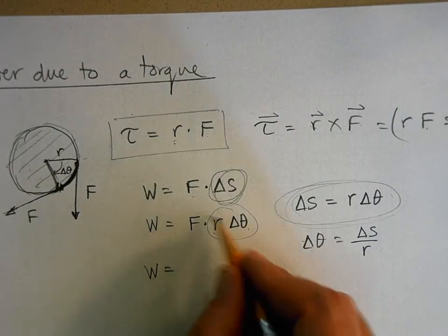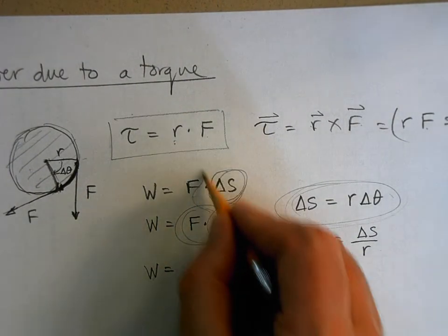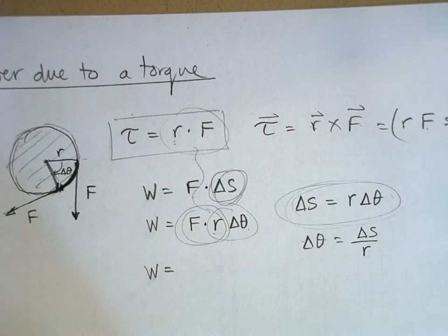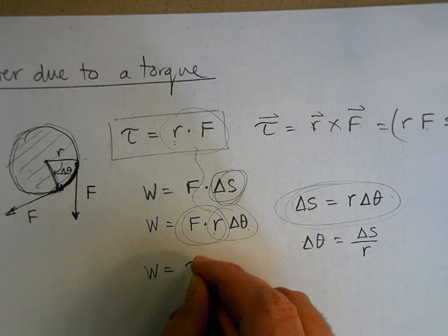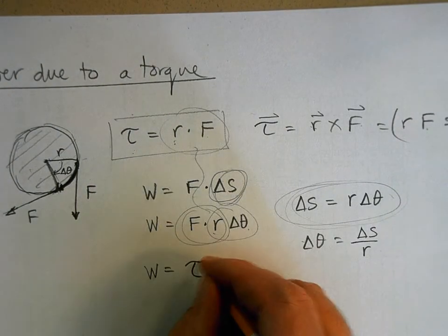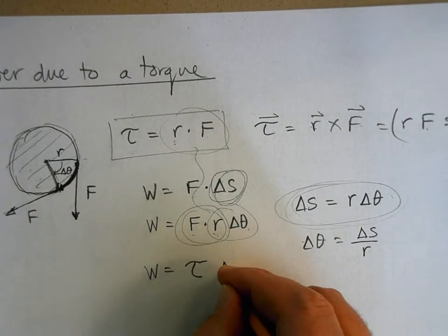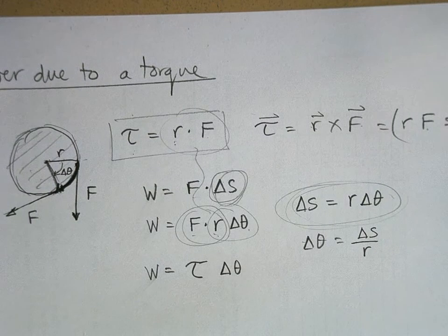But what is F times R? It's the same as R times F. That's the torque. So F times R is torque. Torque times delta theta is work done.